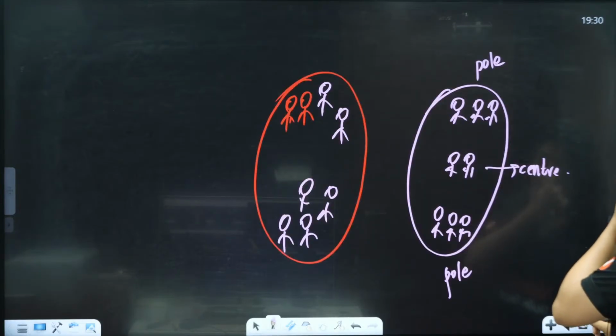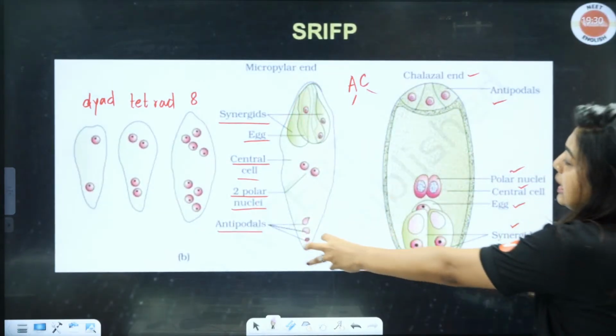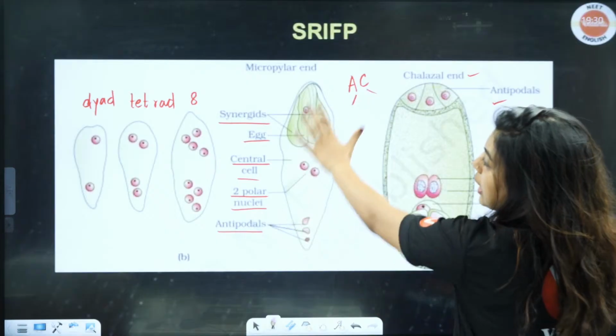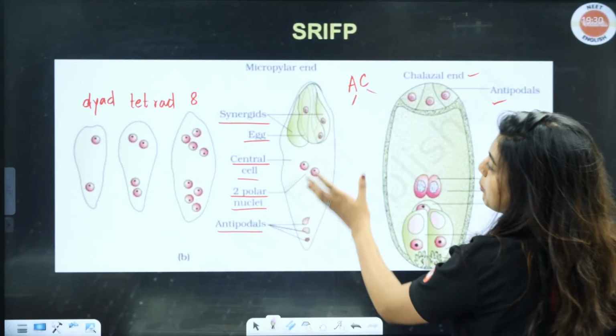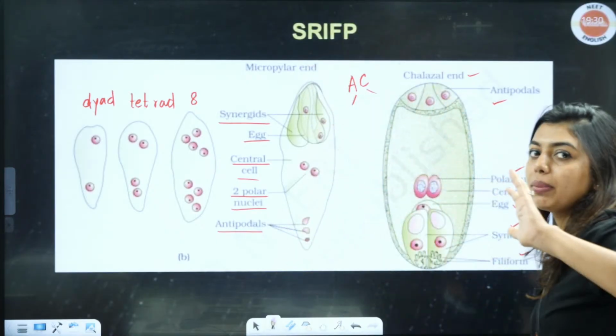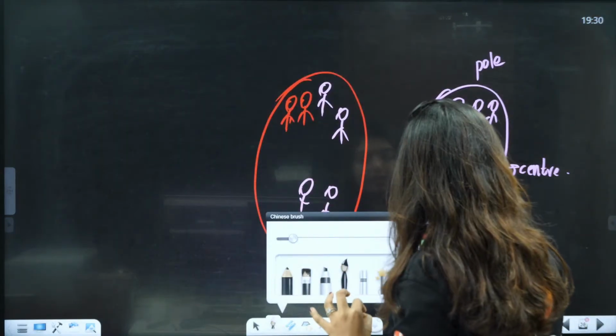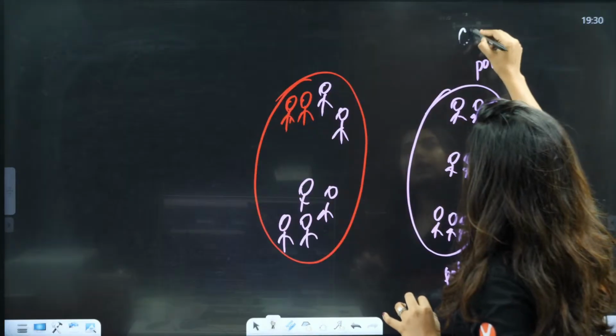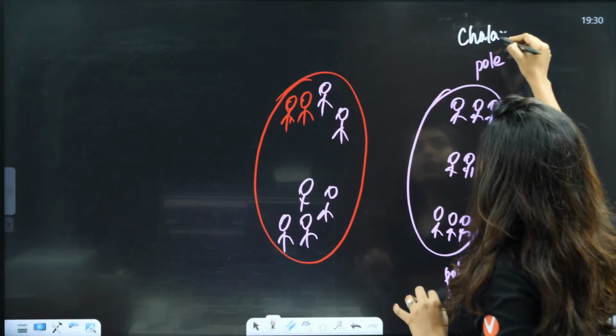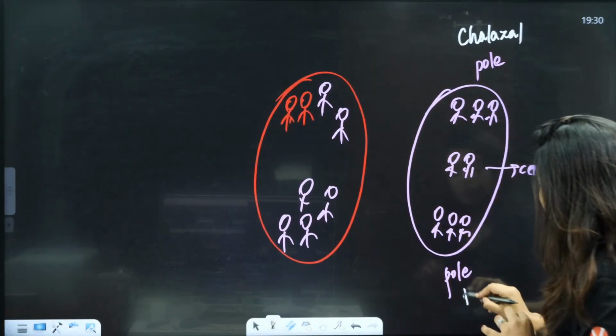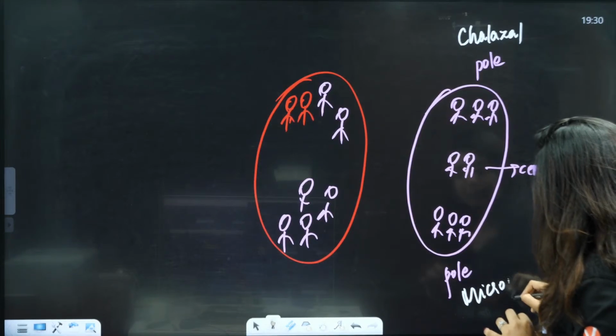Just like that, students, in the 8-cell stage they align. 3 people will go towards the pole, another 3 people will go towards the micropylar end. Like that only here also. When I told them on your mark, get set, go, let's say a few of you went to the chalazal end, and a few of you went to the micropylar end.